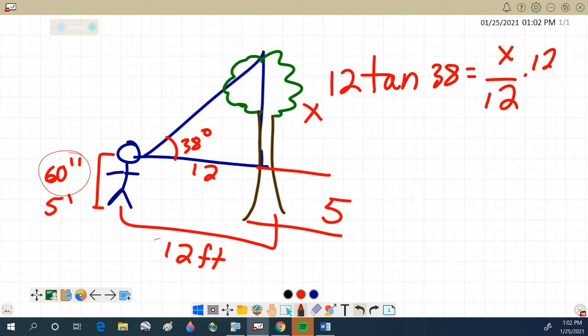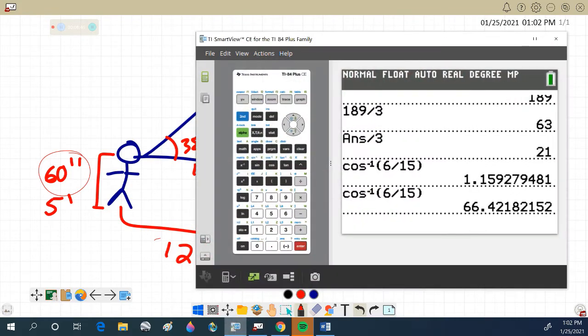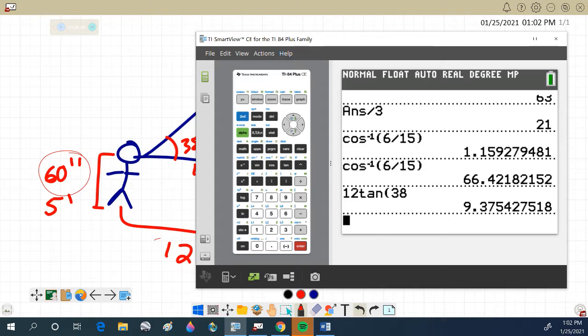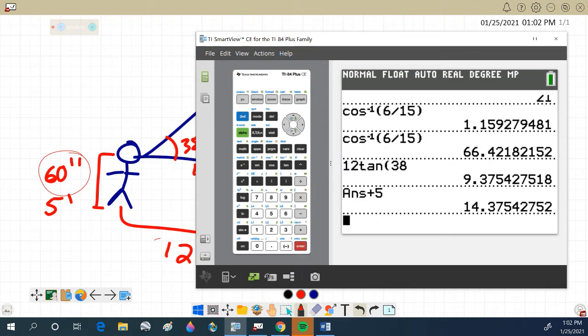And the answer is 12 tangent 38. So 12 tangent of 38. And that tells me that's the height of the tree above your eye. So I need to add the 5 feet to it. And I get 14.375.